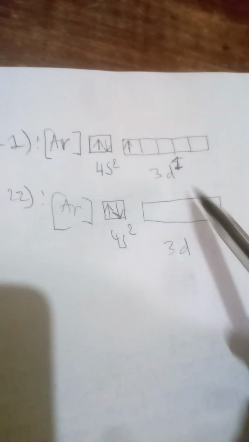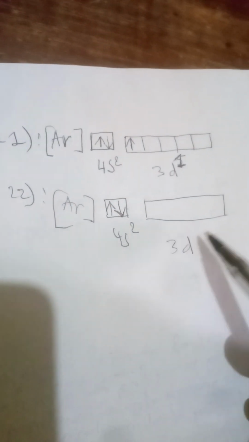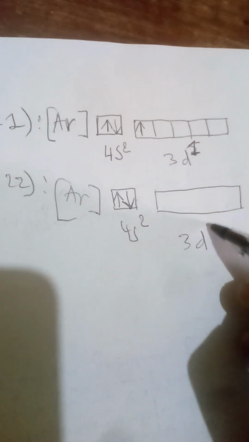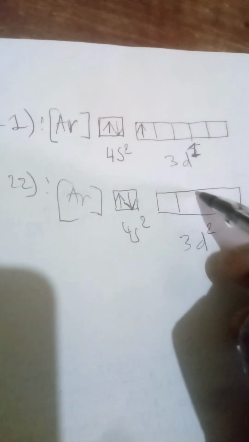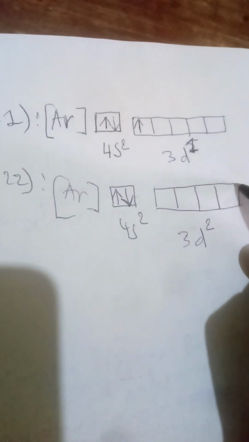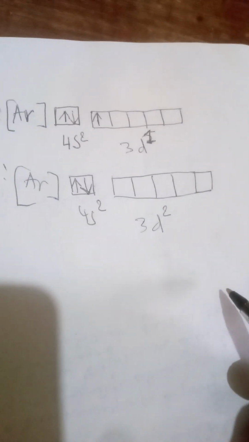Because here we have 1, the next we'll have 2. In order to have 22, I will put 2 in 3d. The orbitals must be 5. Here I put 1.